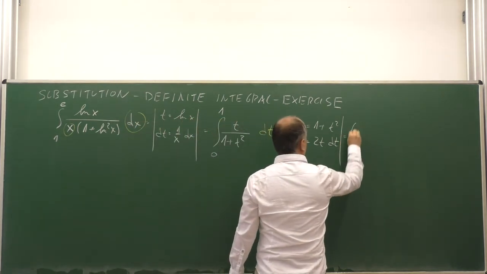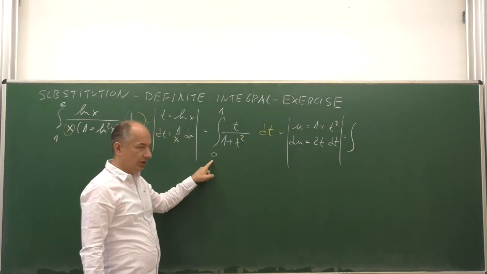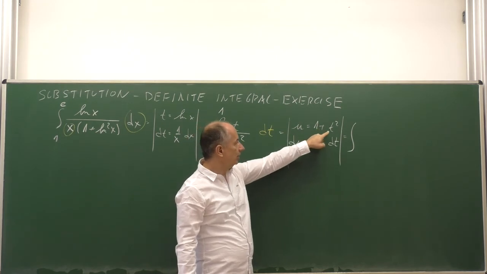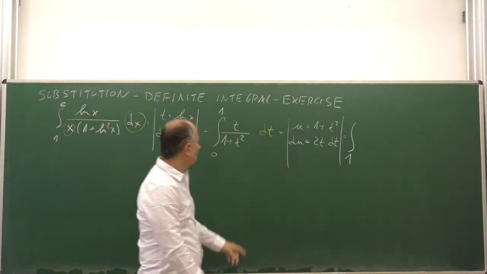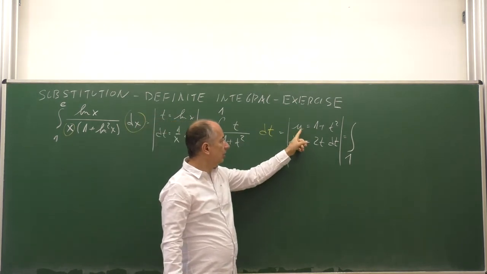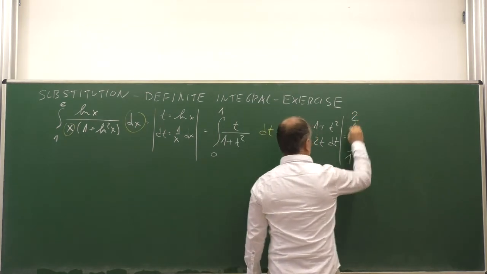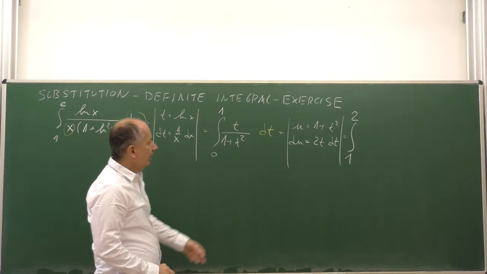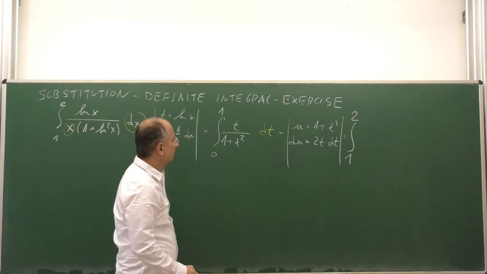And once again, we must recompute the limits. If t starts at 0, then u starts at 1 plus 0 squared, which is 1. And when t goes up to 1, then u goes up to 1 plus 1, which is 2. Then 2t dt is almost here.